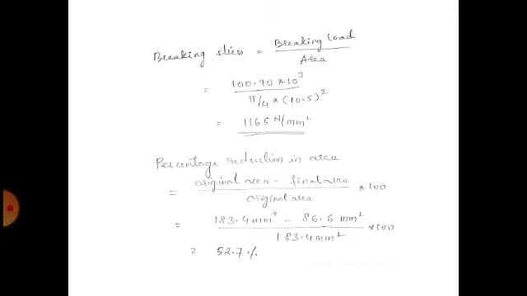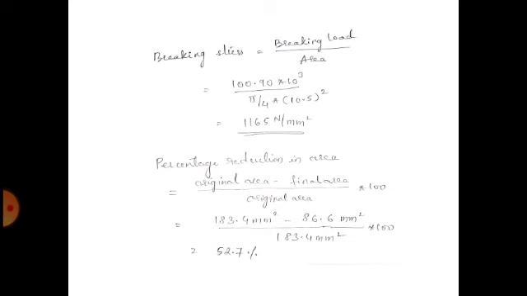Percentage reduction in area is original area minus final area divided by original area into 100. So original area is 183.4 mm square, final area is 86.6 mm square divided by 183.4 mm square into 100, that will come 52.7%, that is percentage reduction in area.